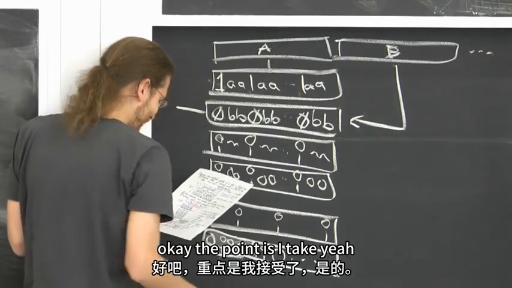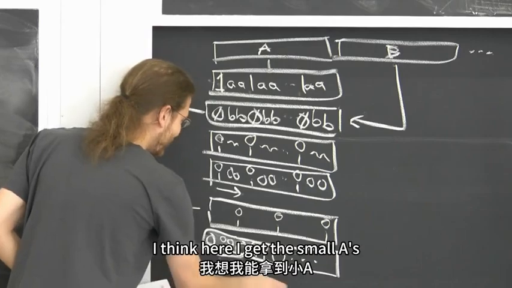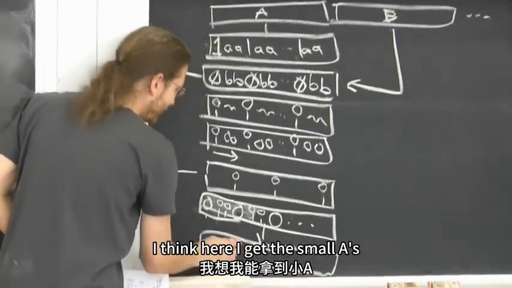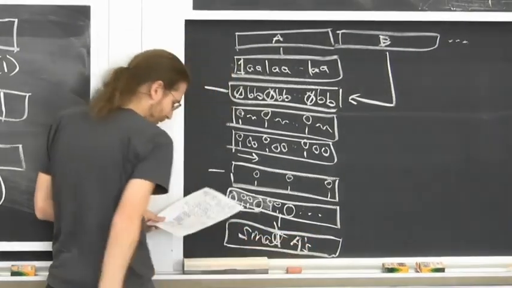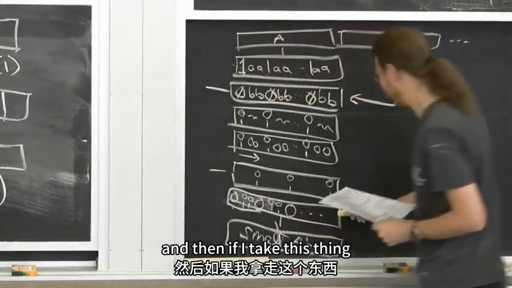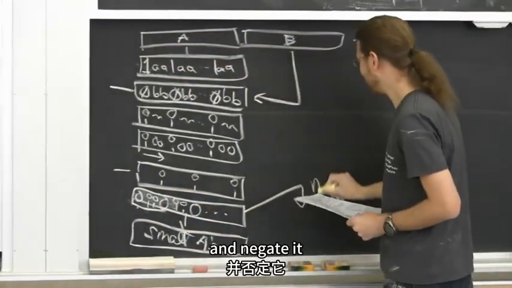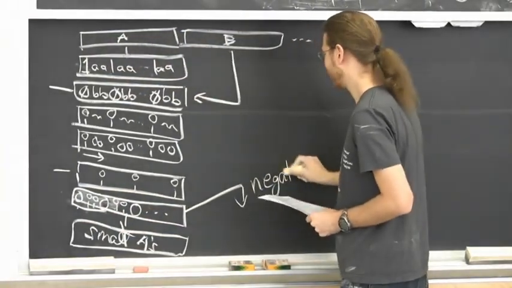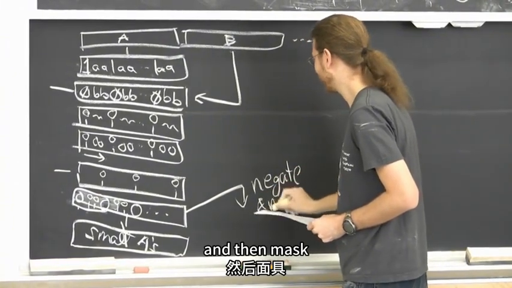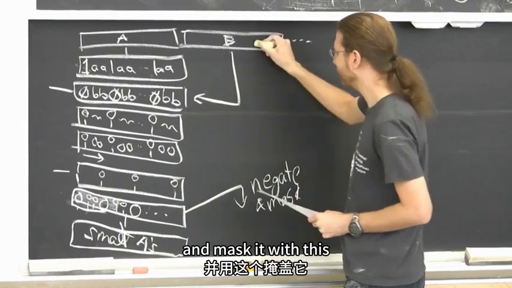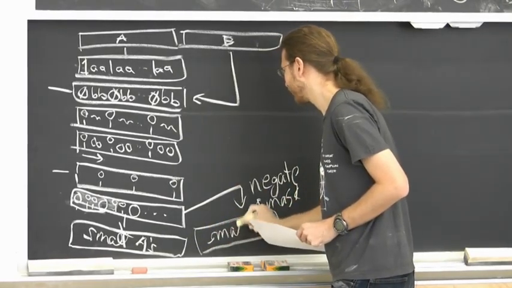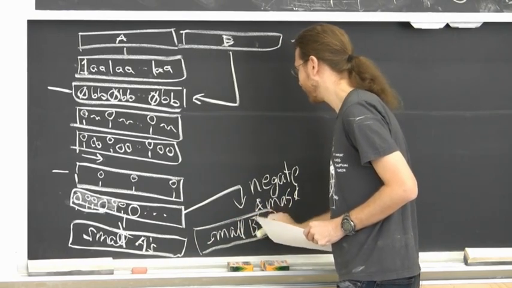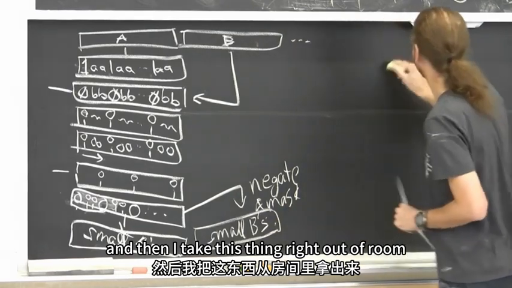Okay. The point is, I think here I get the small A's, and then if I take this thing and negate it, and then mask it with this, I get the small B's. And then I take this thing, I ran out of room.